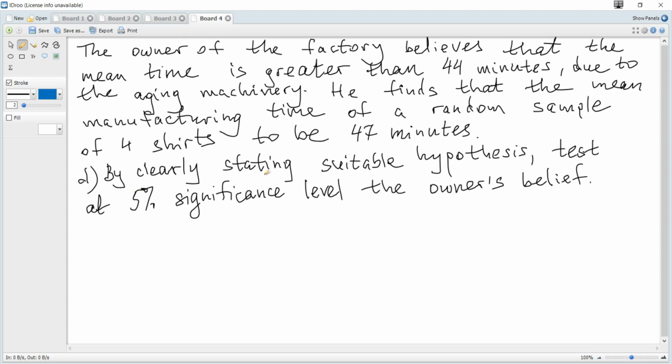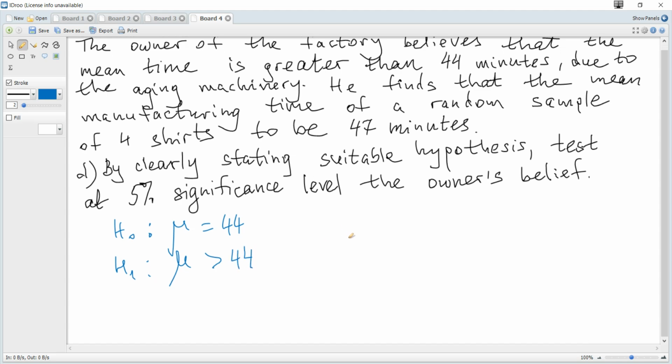Question D, by clearly stating suitable hypotheses, test at 5% significance level the owner's belief. So the null hypothesis is that the mean time is 44, and the alternative hypothesis, we can see, is that mu is greater than 44.